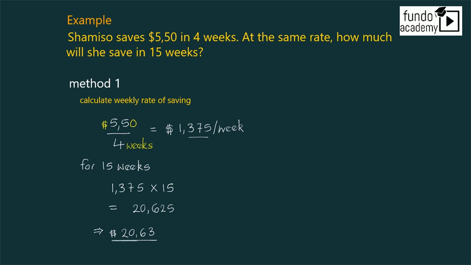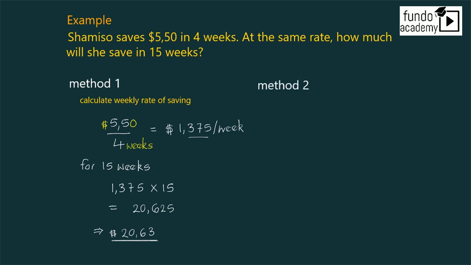So that is how much she will save at that same rate. That's how much she will save in 15 weeks. So we just use our knowledge of the rate to calculate the amount Shamisi will save in 15 weeks.